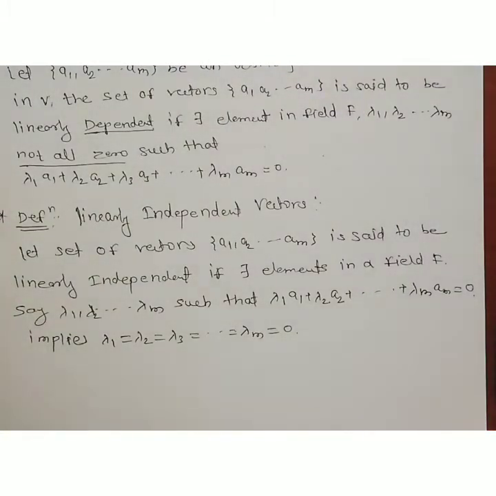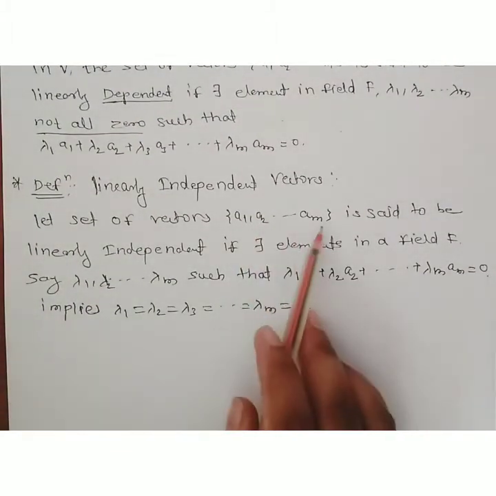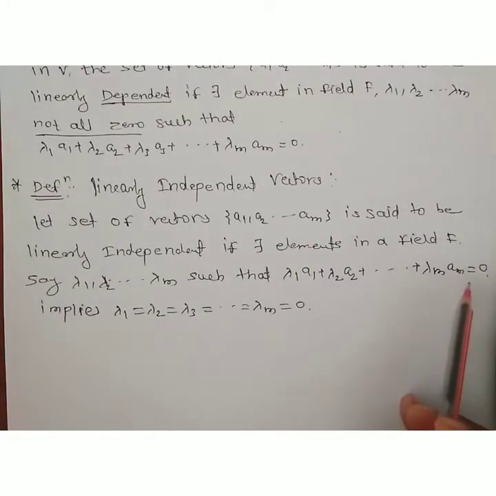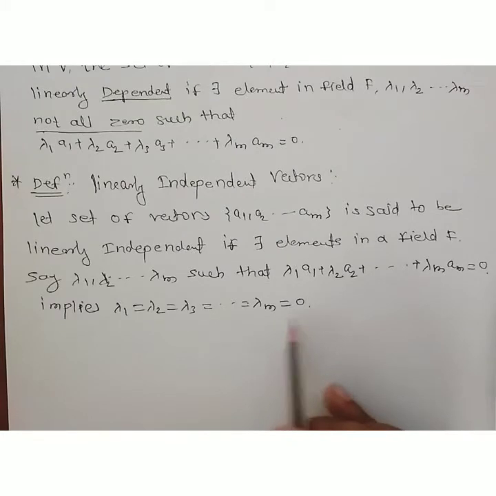Therefore, this is the converse of the linearly dependent set. The set of vectors a1 to am is said to be linearly independent if the linear combination lambda 1 a1 plus lambda 2 a2 up to lambda m am is equal to 0 happens if and only if lambda 1, lambda 2, up to lambda m are all equal to 0.